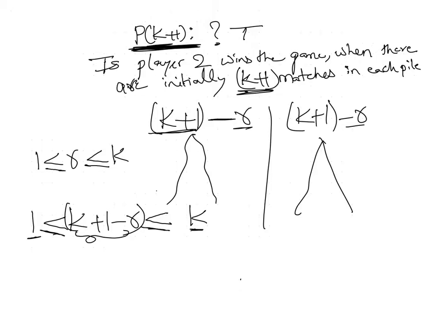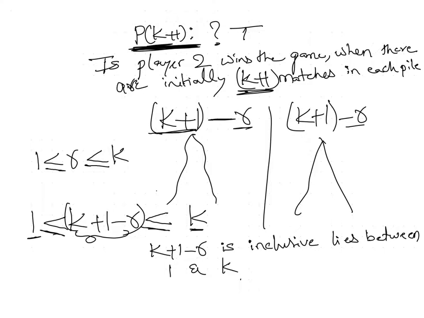Since k plus 1 minus r inclusively lies between 1 and k, we can say P of k plus 1 minus r is equal to true by the inductive hypothesis.